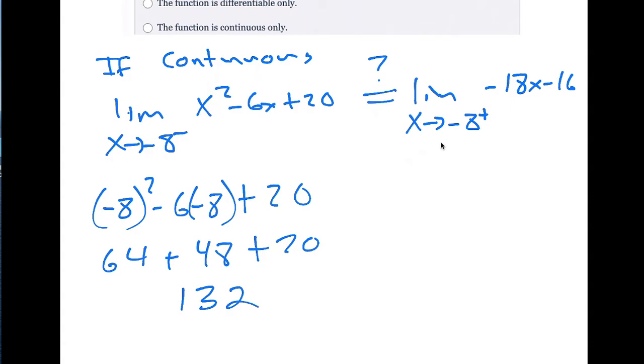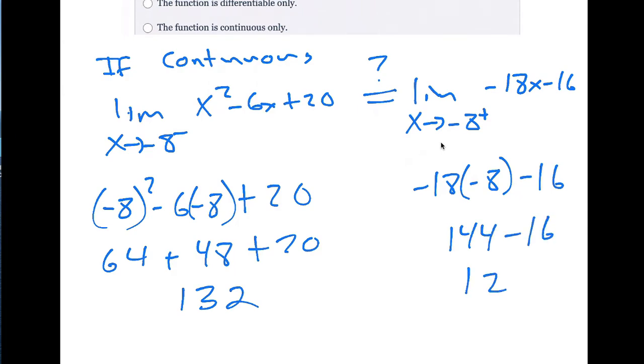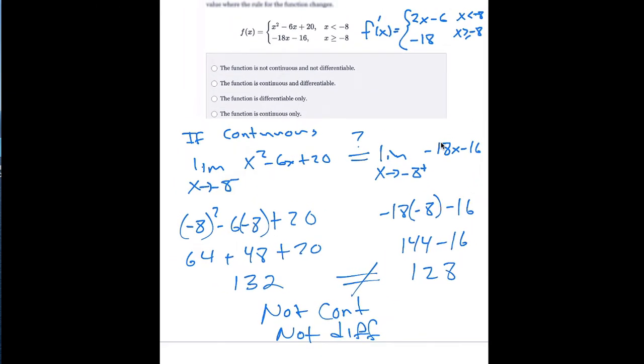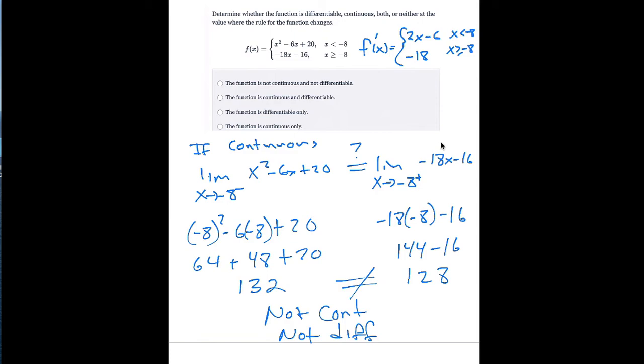On the other side, we have -18 times -8 minus 16, which is 144 minus 16, which is 128. So these are not equal. So this is not continuous, which means it is also not differentiable in this case. Okay, so that's that problem.